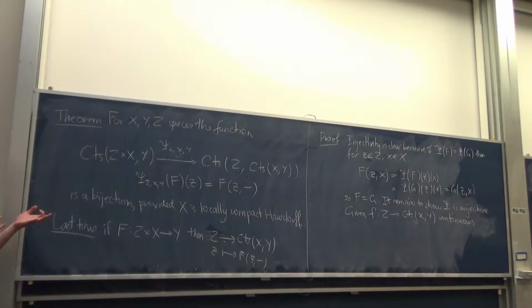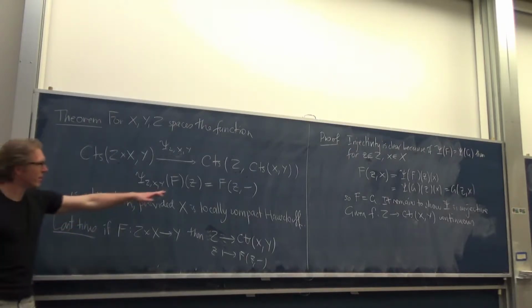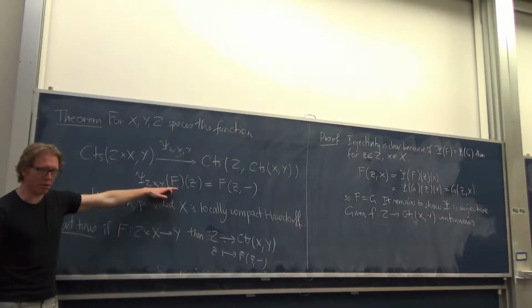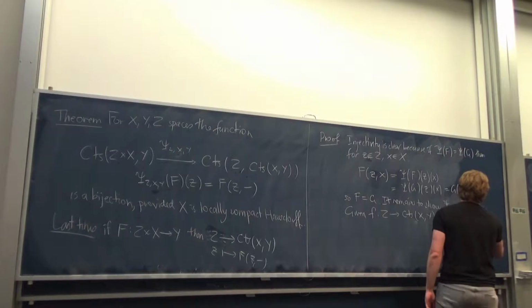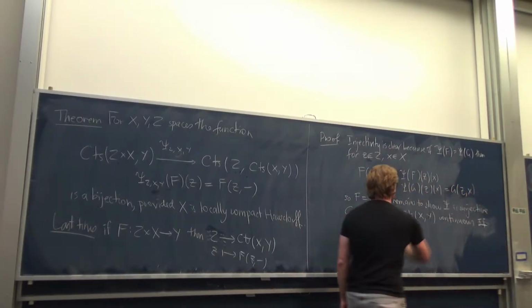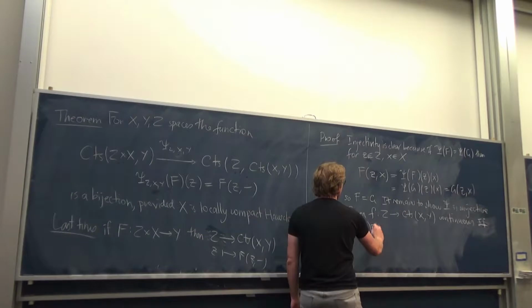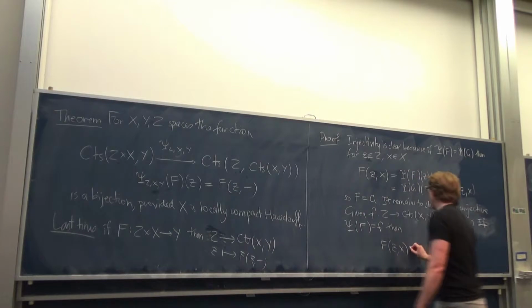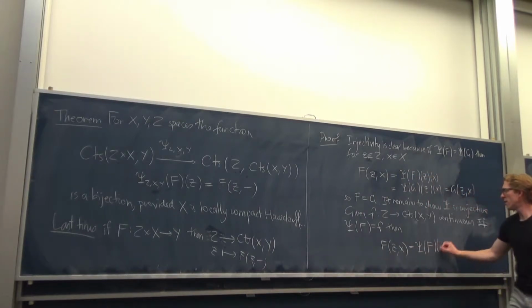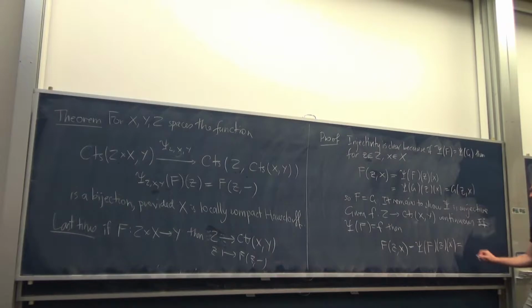We don't have to try and figure out what capital F is, because it's determined by what lowercase f is. So if we had psi of capital F equals lowercase f, then f of (z, x) would be psi of F of z of x. Okay, so there's only one possible capital F that could work, and that's this one.